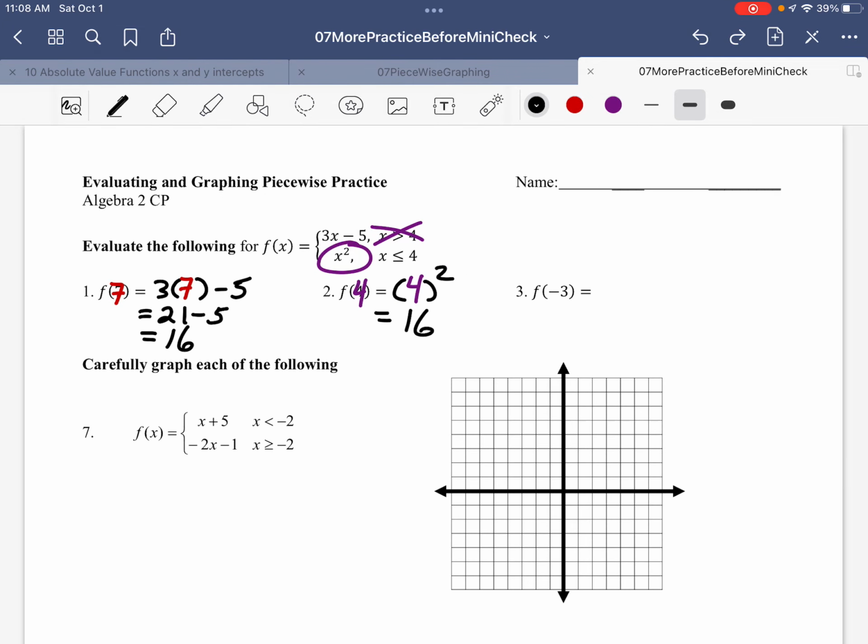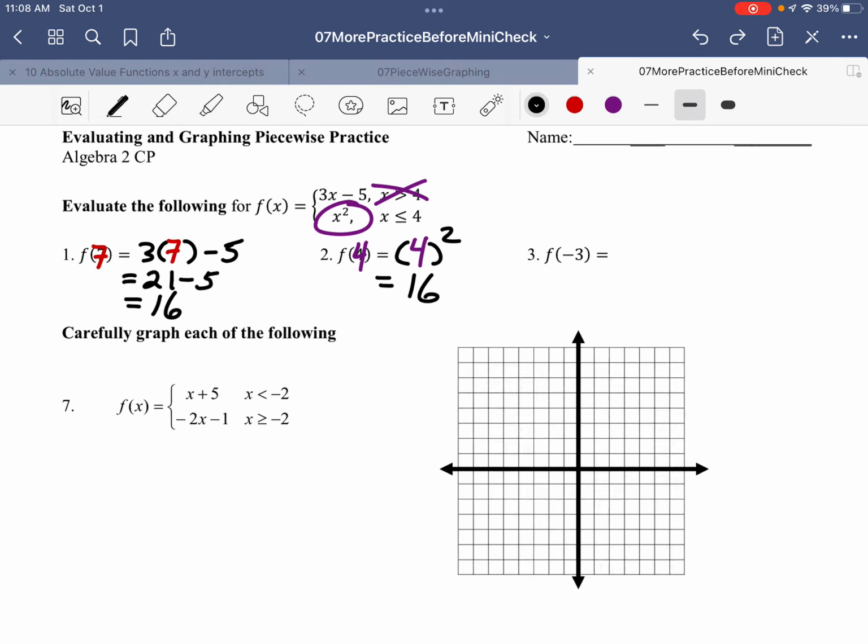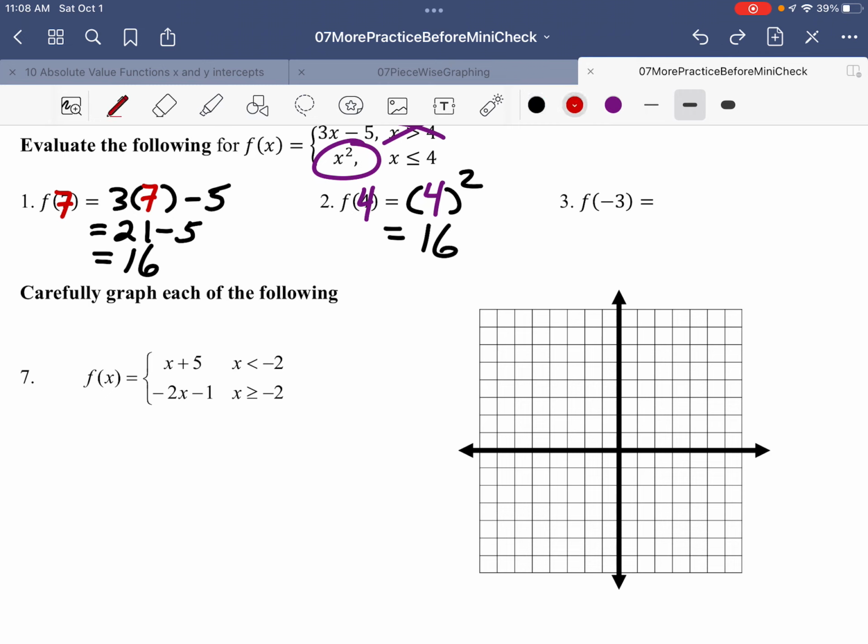You try number 3. I'm going to skip down to number 7. What? I have no idea why the problem is numbered this way, but we'll call it number 7. But let's talk about graphing this piecewise function. Now remember, when you graph these, you first want to graph, or at least think about the graph of the entire line.